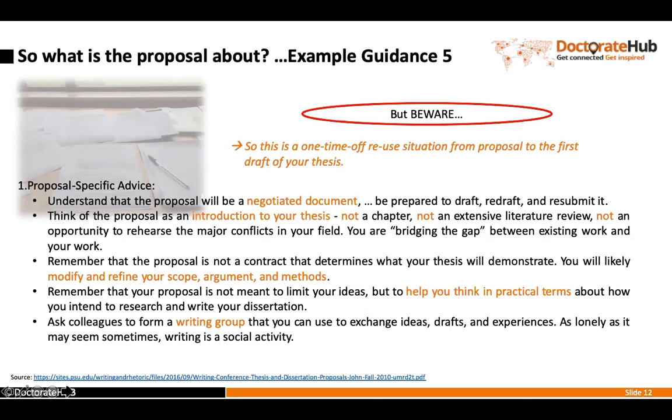Thank you. Good. And I think what is also important to understand with this is that it's a negotiated document. I find that expression very useful, because it shows that there is no such thing as right or wrong, but rather it's an ongoing negotiation that the thesis author has with oneself, but also with the supervisor and with other people who are engaged.